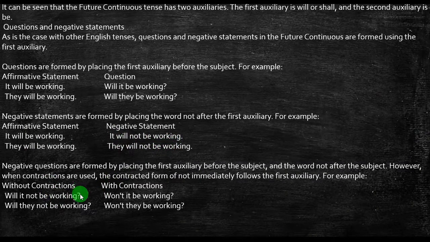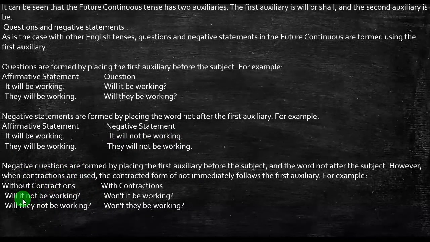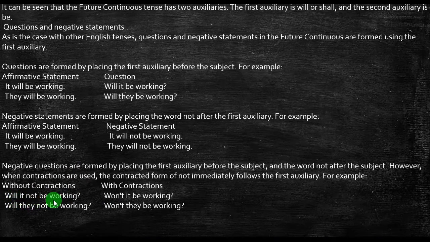So now let us see negative questions. So there are negative questions also, question and negative both in a sentence. For example, will it not be working, will they not be working? So its short form will be written like this, won't it be working, won't they be working.